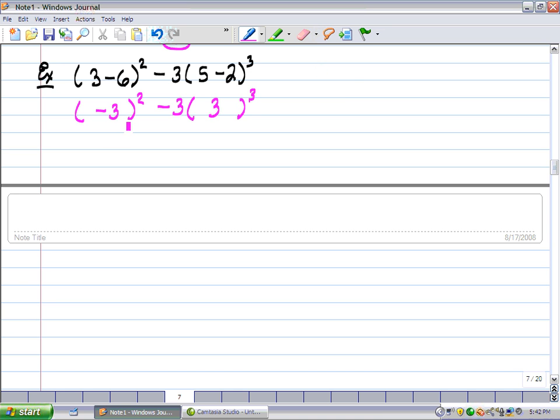Notice this is in parentheses, so negative 3 squared is negative 3 times negative 3, which is a positive 9. Over here we have just a plain 3 in parentheses, so that's 3 times 3 times 3, and I really didn't need those parentheses, but I get 27.